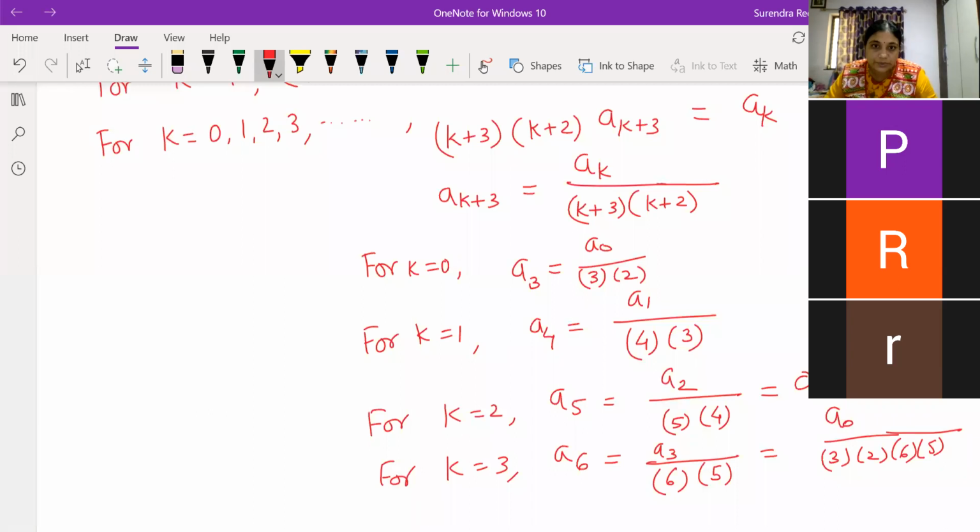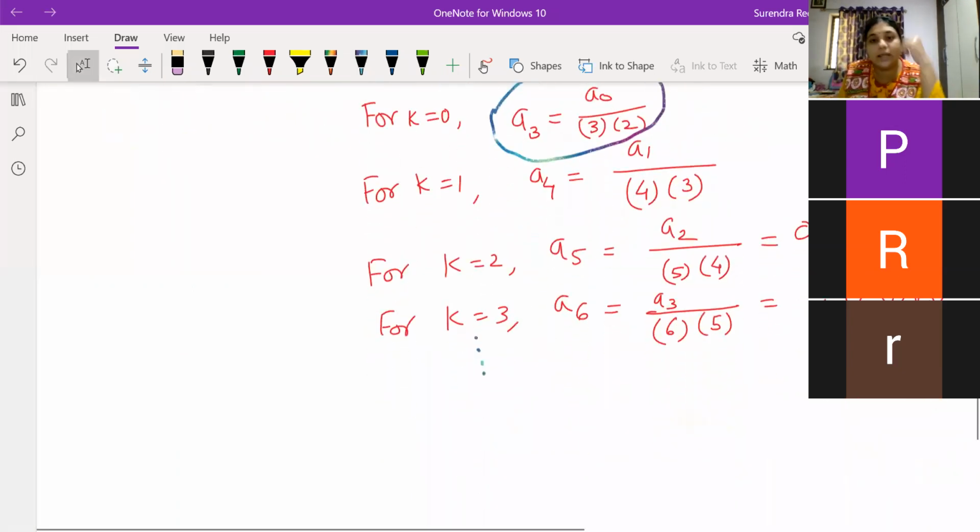I am substituting the a3 value from here. Now a3 I can write in terms of a0, and a4 in terms of a1. Whatever next values we get, I can calculate if I know a0 and a1, because a2 is already 0.